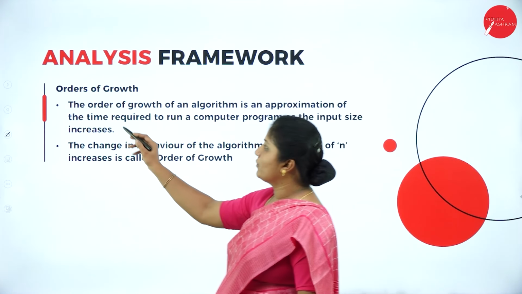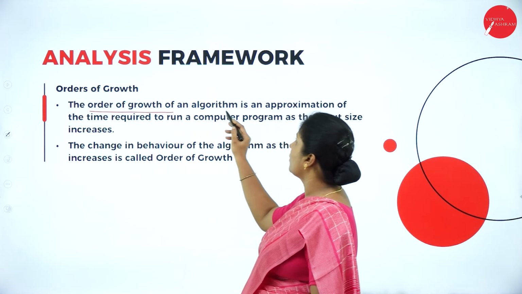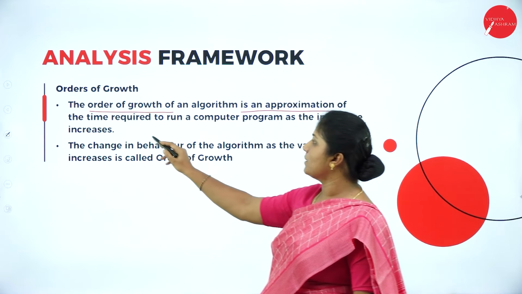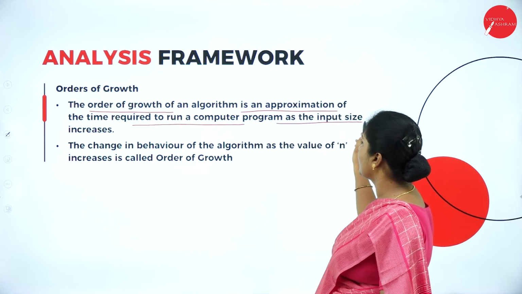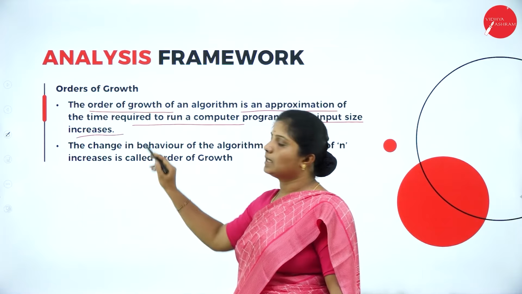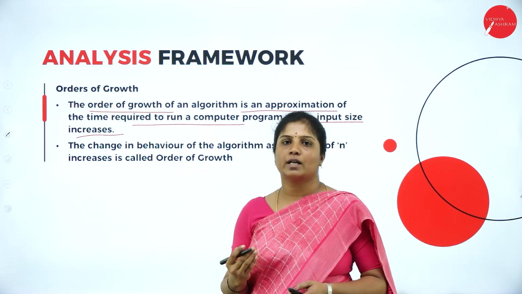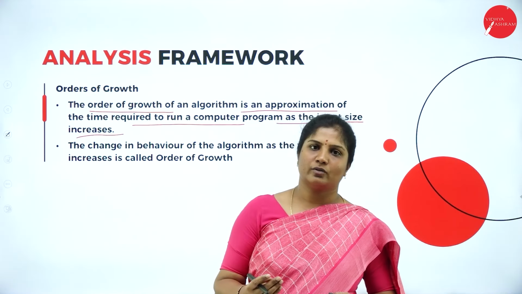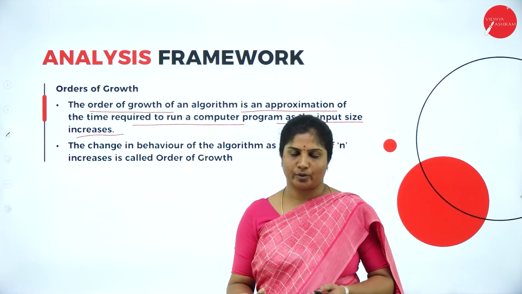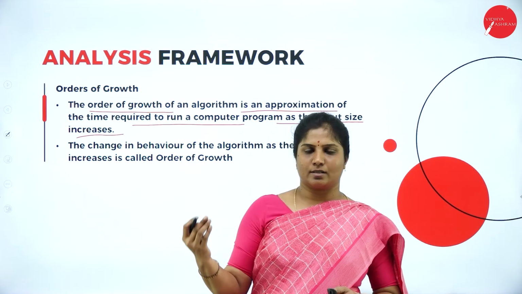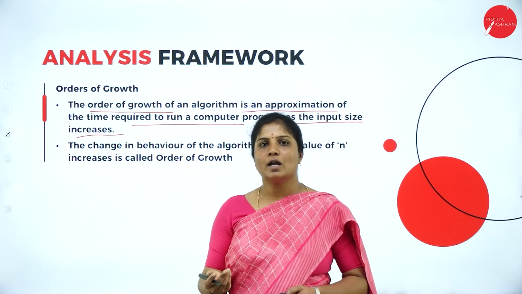Next is the order of growth. The order of growth of an algorithm is an approximation of the time required to run a computer program as the input size increases. If the input size is small, the execution time is also very small. Within milliseconds, you will get an output. If the input size increases, the execution time also increases.